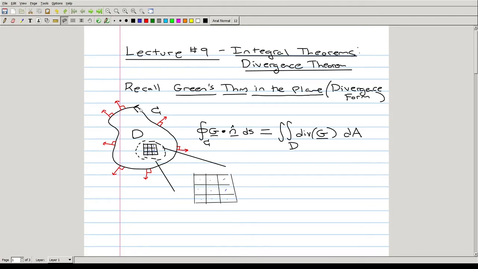And I guess I'll draw this a little bit nicer. I'll take a small patch of nine rectangles.